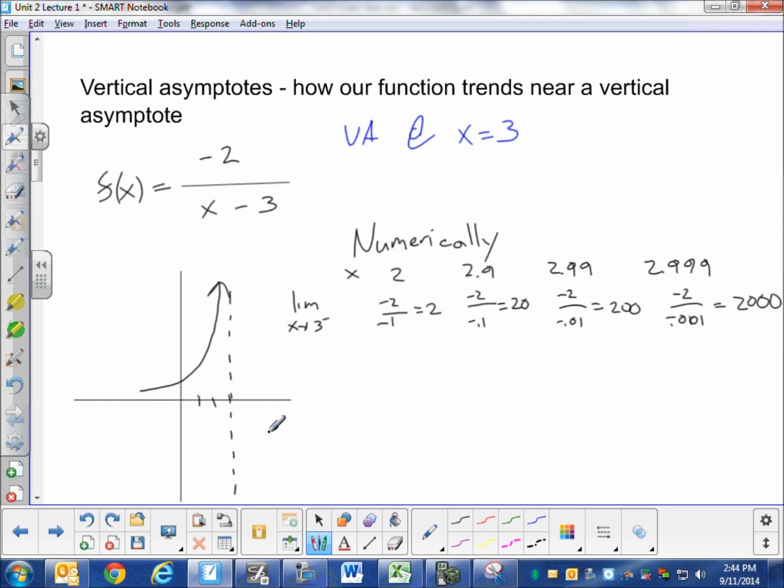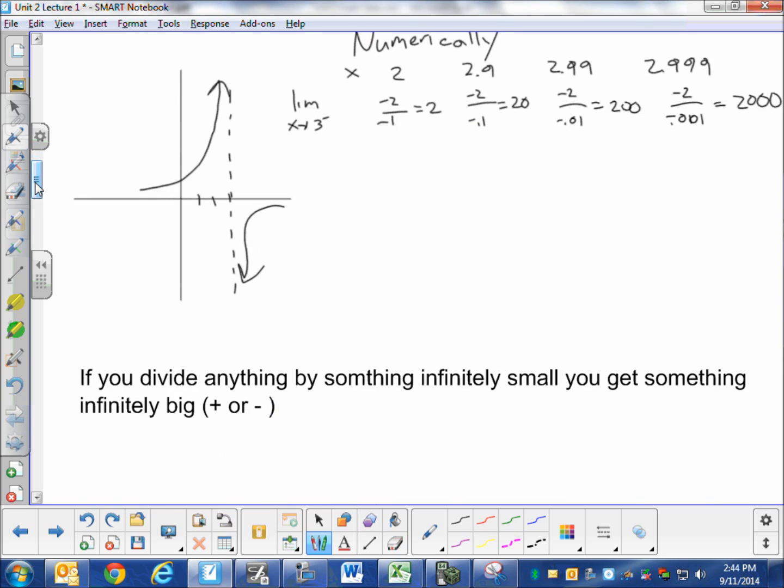And we could do the same thing for 3 from the right, and we could find out that it's trending to negative infinity. But this is the idea we want to understand right now: if I have a value divided by an ever decreasing value, a smaller value getting closer to 0, my result gets bigger and bigger. Or if I divide anything by something infinitely small, I'm going to get something infinitely big.